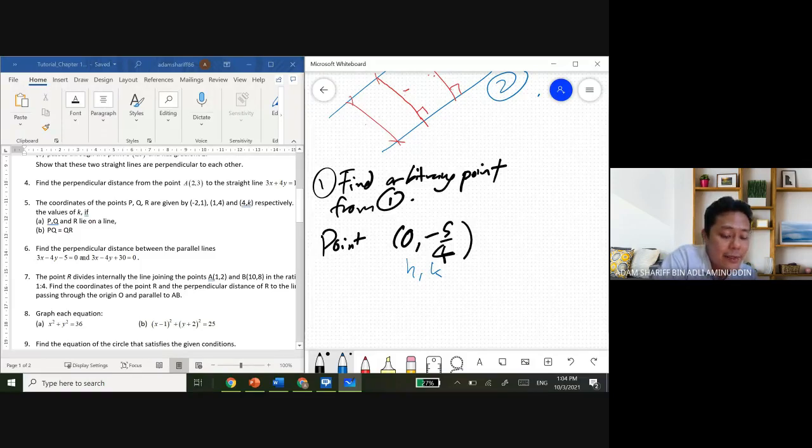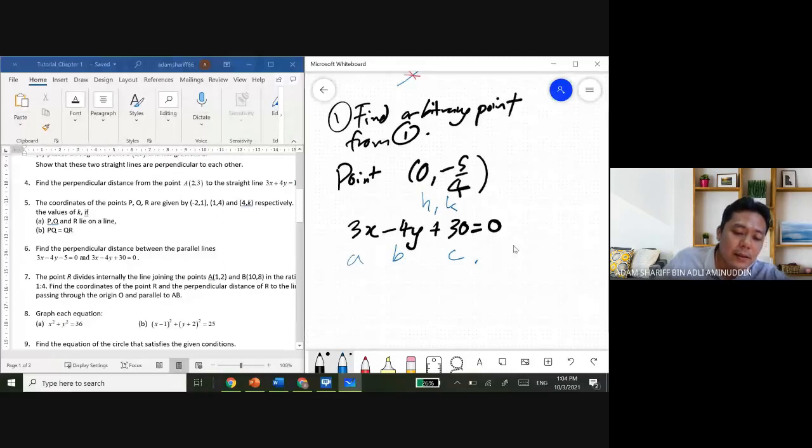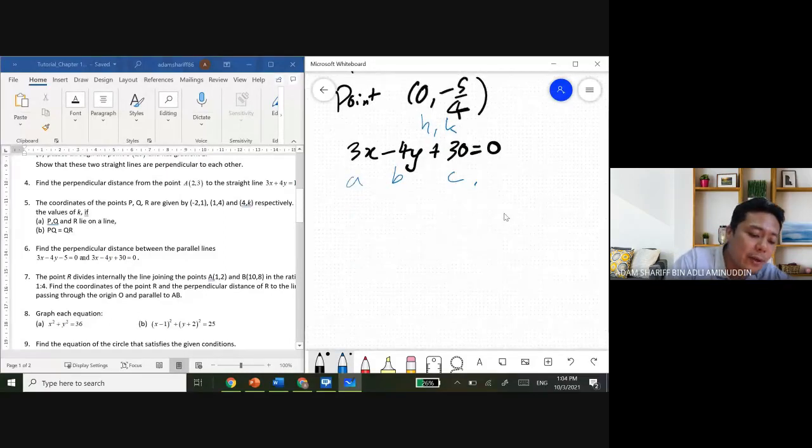The things that left is we want to find the distance with the second line, but must be in the standard form. 3x minus 4y plus 30 equals to 0, where you get this to be A and B and also C. Put into the formula D. Yang ni kita dah buat, cuma yang tadi tu kita tak ada idea ni, ambil mana-mana point.